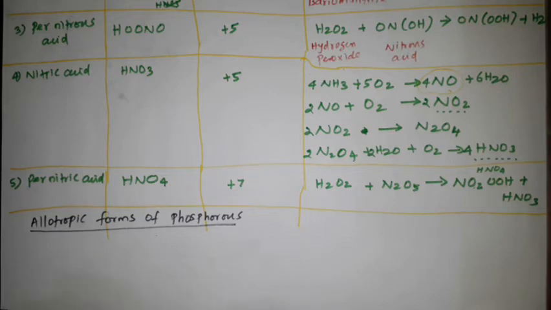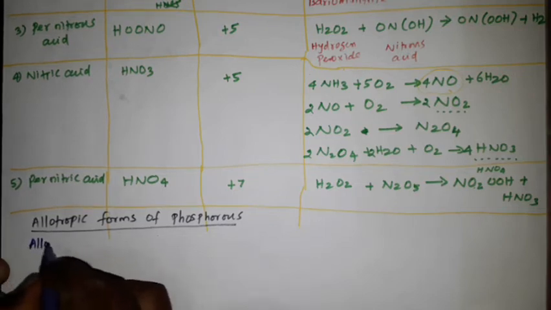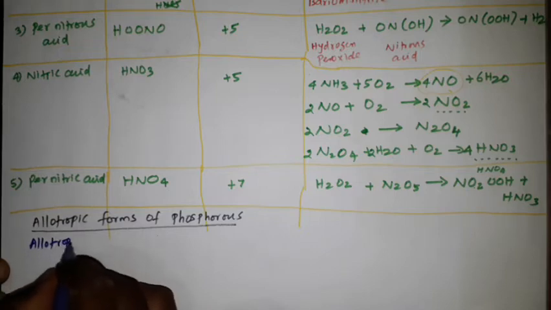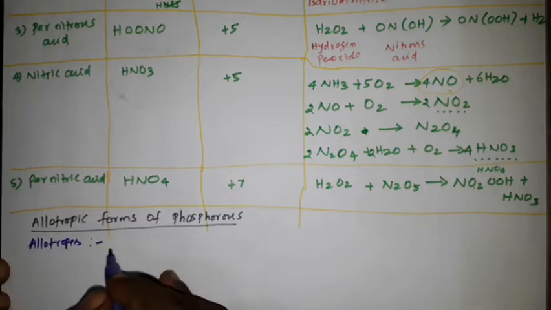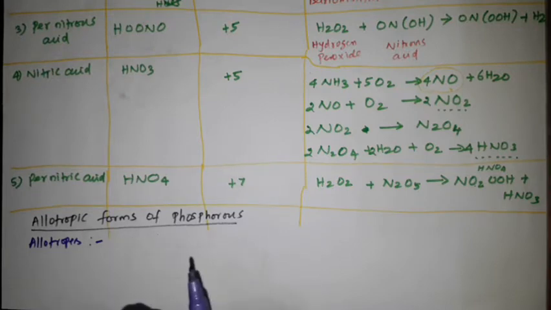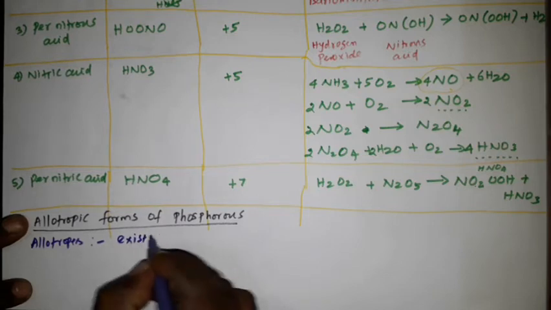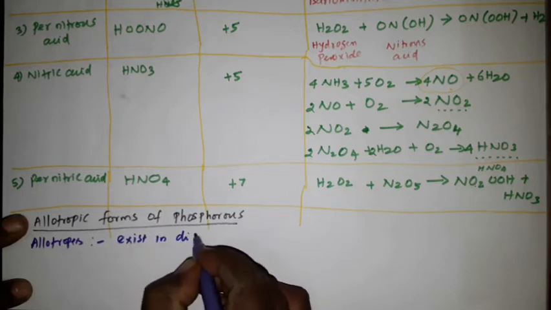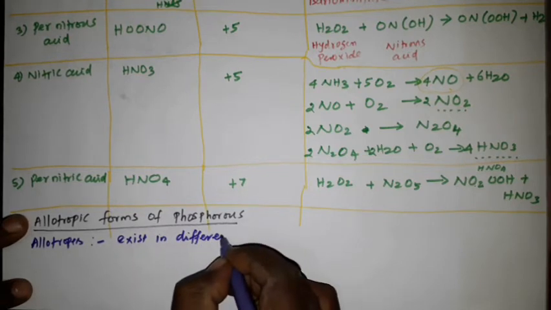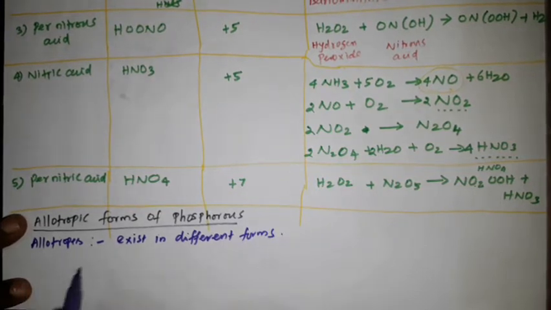So what is the meaning of allotropes? Allotrope means an element can exist in different forms. An atom that exists in different forms is called allotropes.